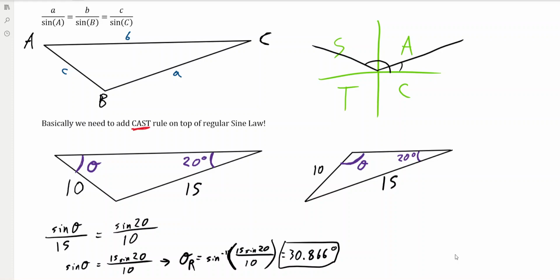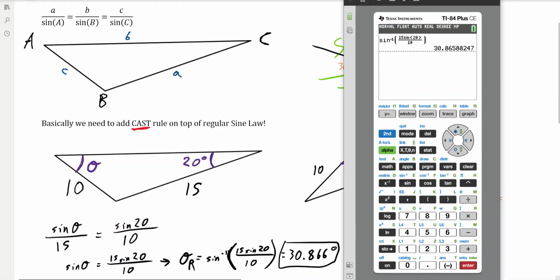Well, we're going to do the same thing as if we had the reference angle up here, and that reference angle was 30.866. So what are we going to do? We're going to go 180 minus 30.866, and that is going to be our angle.